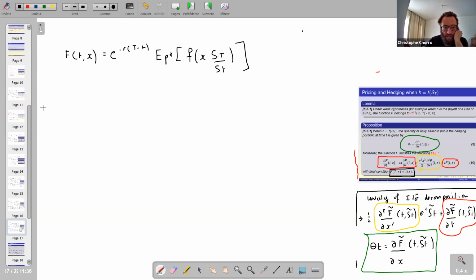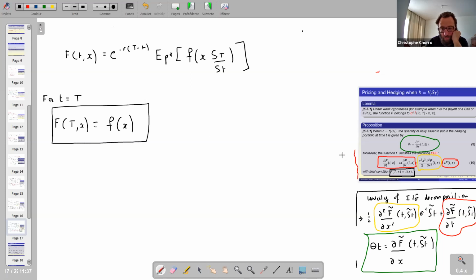So I have the price function, and for small t equal to capital T, I have exponential of 0 because capital T is equal to small t, and the terms simplify. So I have simply f of x. So I have this terminal condition, and you will have to correct the fact that here it's not h, it's f. F_T of x is equal to f of x. So here it's an f, not an h.